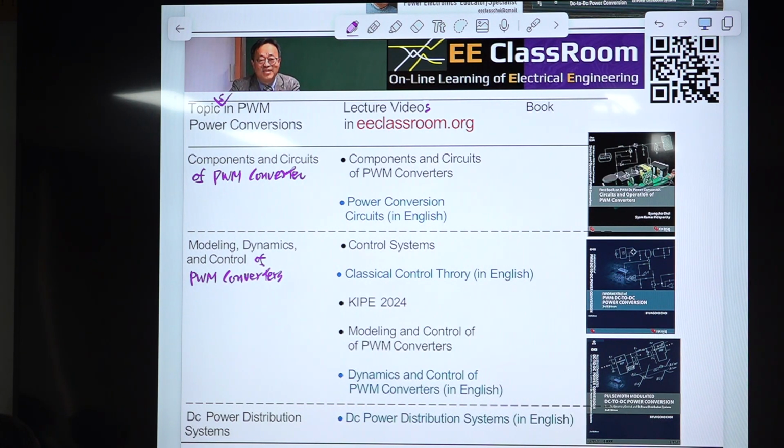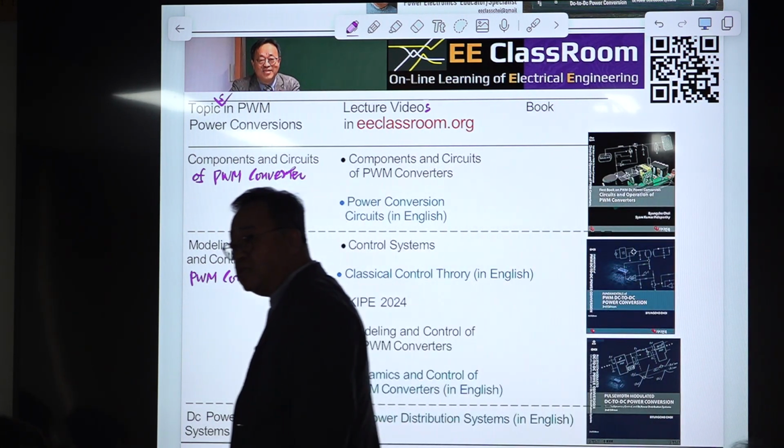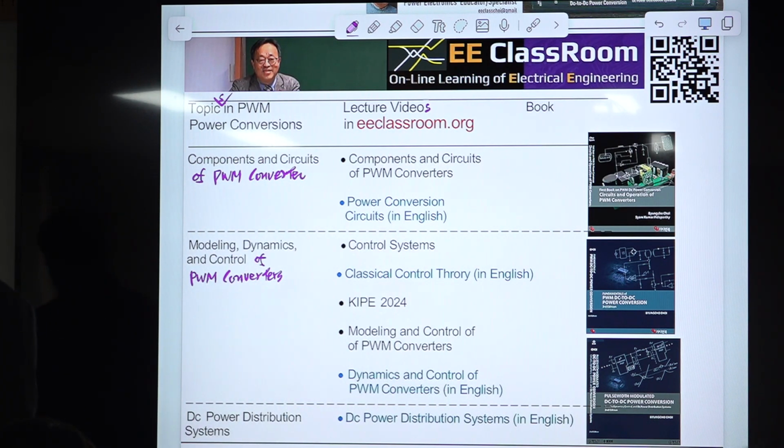So it is a very complex system. This topic deals with how to analyze and how to design those kinds of systems, what kind of problems there are and something like that. So this is considered advanced, but not a difficult course. This course will probably be offered next semester for graduate students.